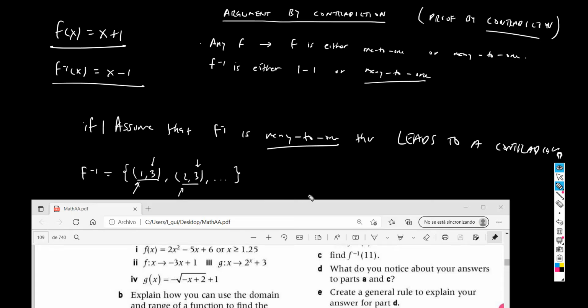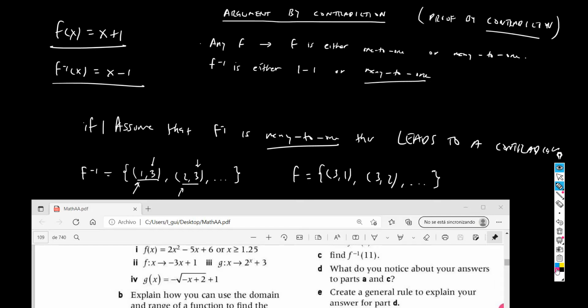If this is f inverse, then f should be written like I showed you before. If you want to write f, all you need to do is change the order of the coordinates. So this one becomes 3, 1, and this one becomes 3, 2. And we don't care about the rest of the pairs, so I'm just going to write 3 dots.